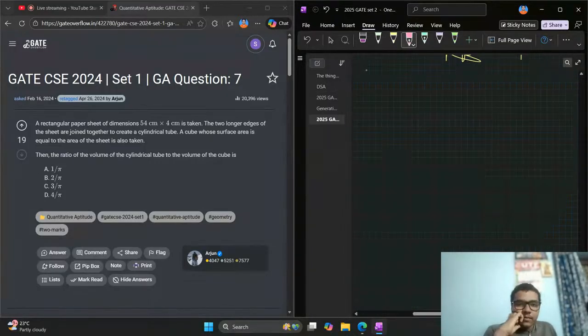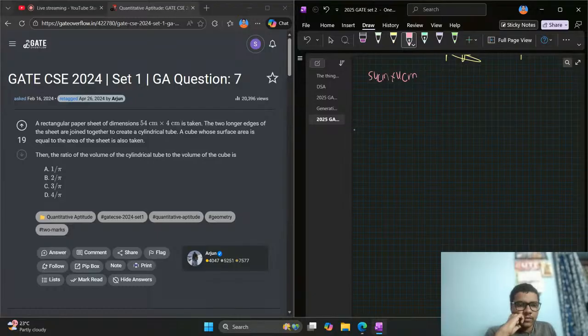54 centimeters times 4 centimeters rectangular sheet of paper. The two longer edges of the sheet are joined together to create a cylindrical tube. The cube surface area is equal to the area of the sheet.